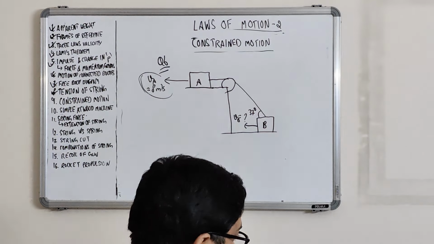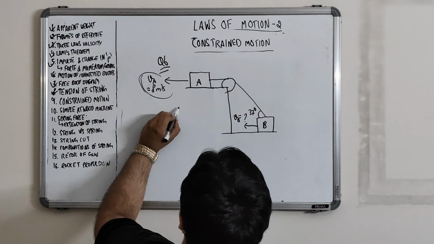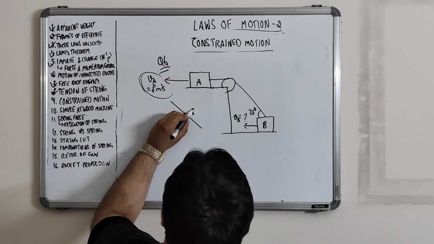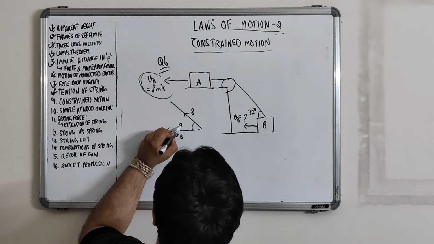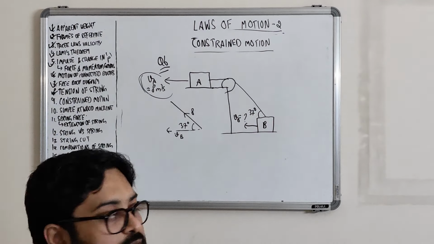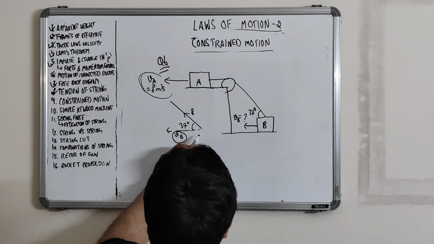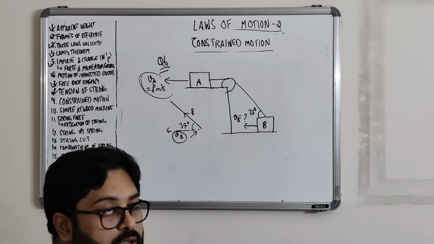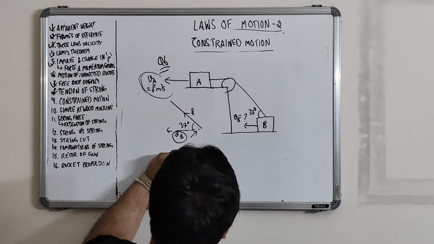Now 37 degrees, right? So this is 8, this is VB, and this is 37 degrees. So how will we find out VB? The component of VB along this string is VB cos 37.